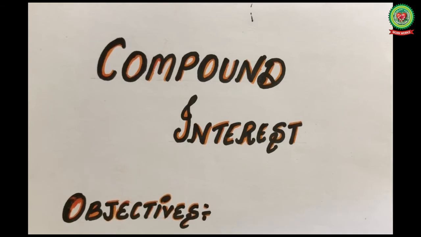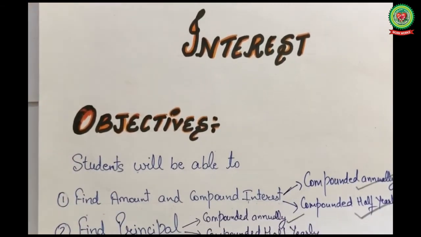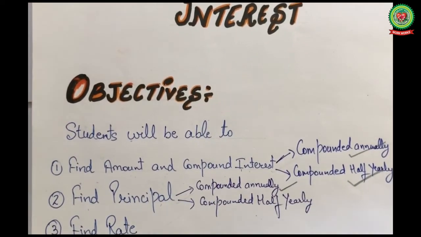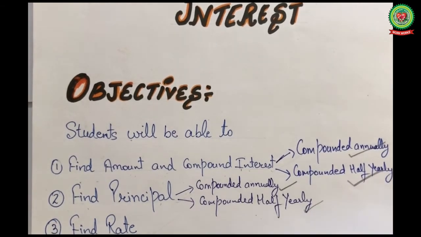In this video, we are going to discuss how we are going to find principal when the interest is compounded half yearly. But before discussing, let us have a recap of the formulas of amount and compound interest in case the interest is compounded half yearly.